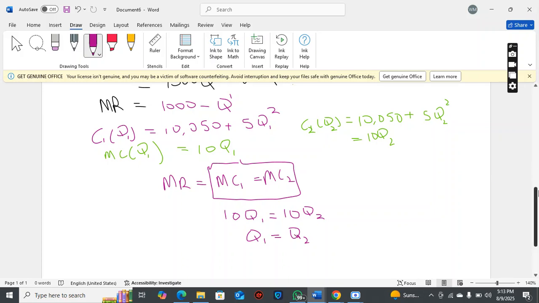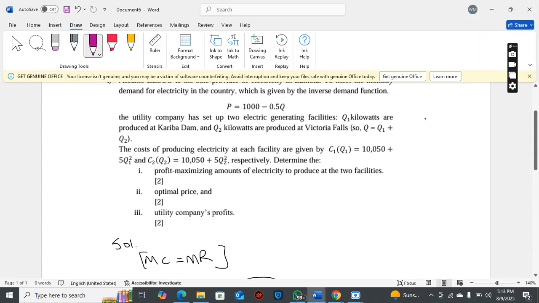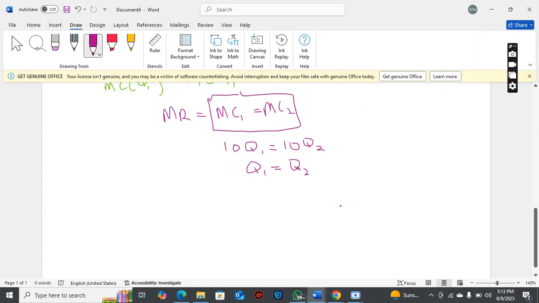And if you remember, the question told us that Q equals Q1 plus Q2. So using the identity where Q1 equals Q2, we can substitute it back into this equation.